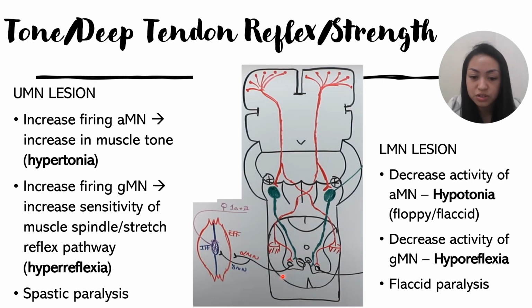The lower motor neurons are these ones in black. So the corticospinal tract gives off its axons, goes to the contralateral side, and can then stimulate or inhibit the lower motor neuron. That's very important.